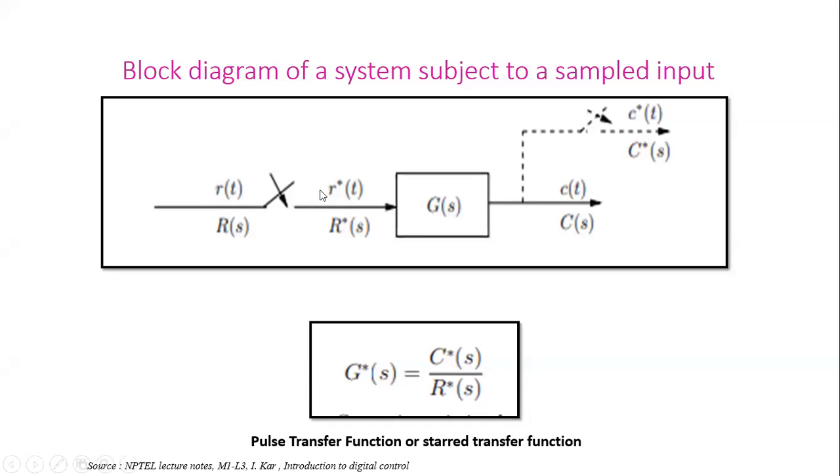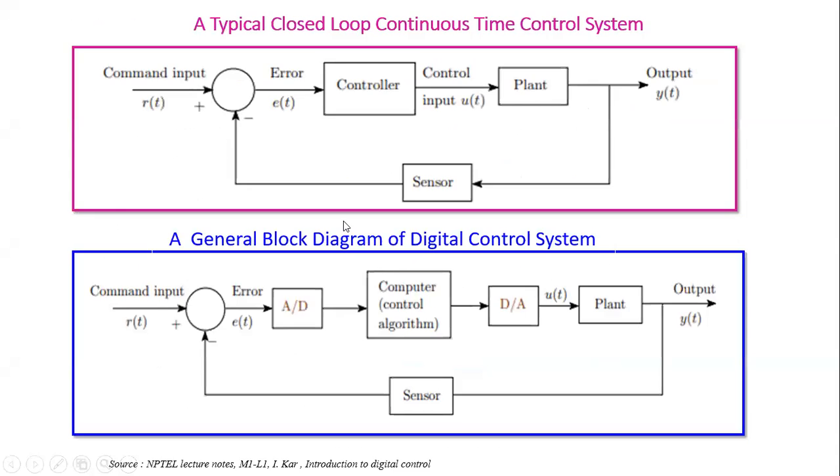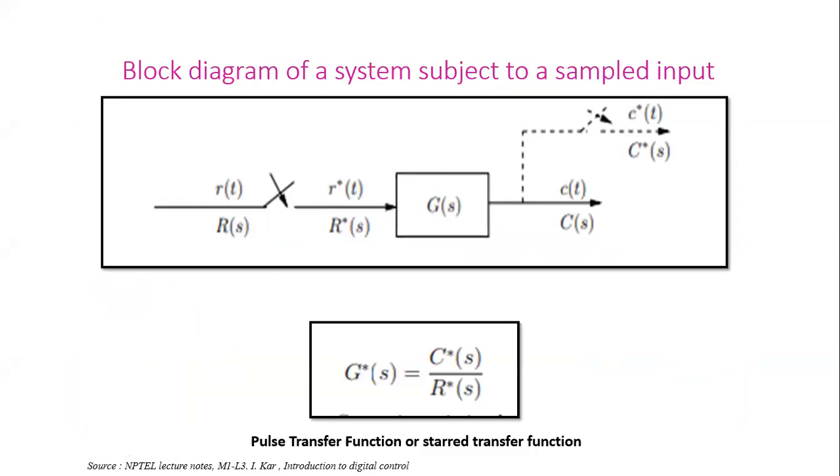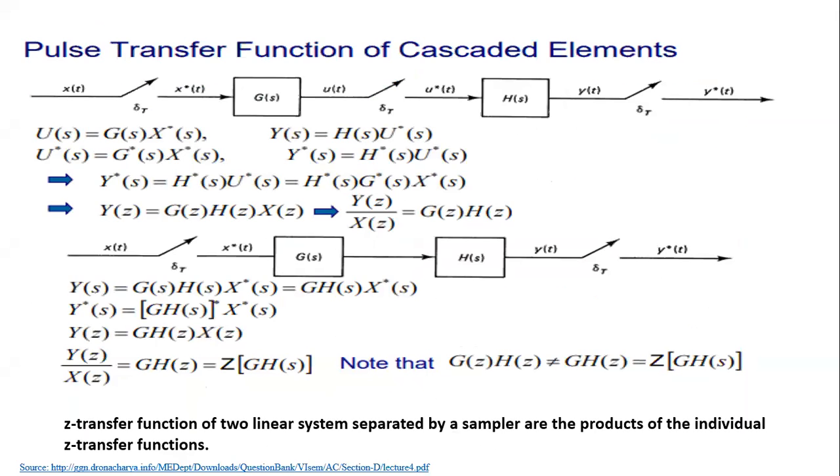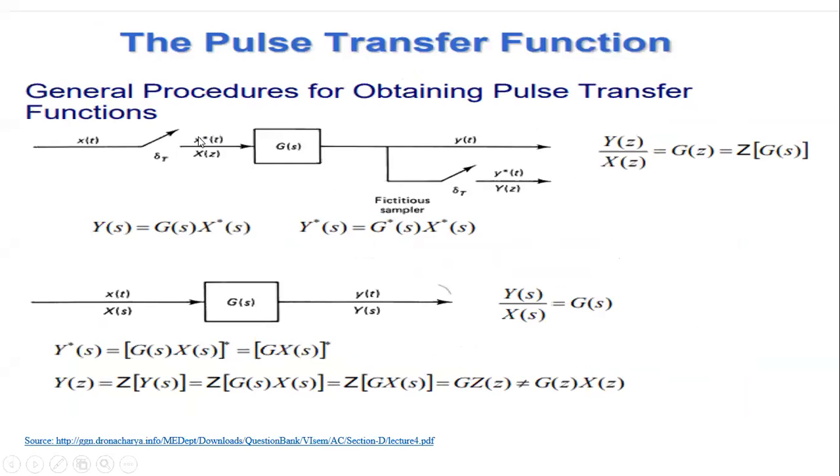If you see the diagram here, you have a switch which is as good as a sampler. If you go to our main diagram, we did write A to D conversion. So we have analog signals, we are converting them to digital, and we are giving them to a computer or controller. Now, when you're giving it to the controller, what you get is R star.